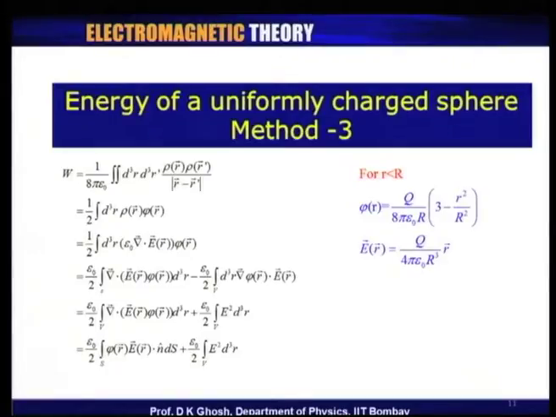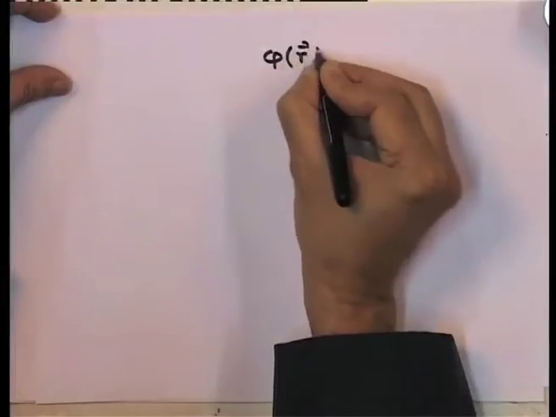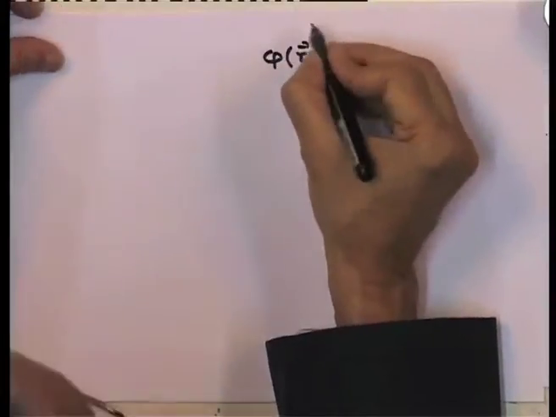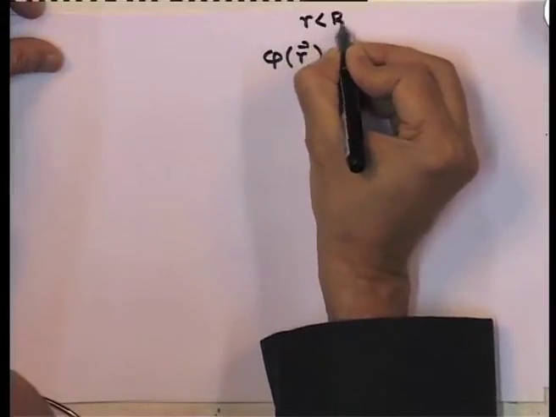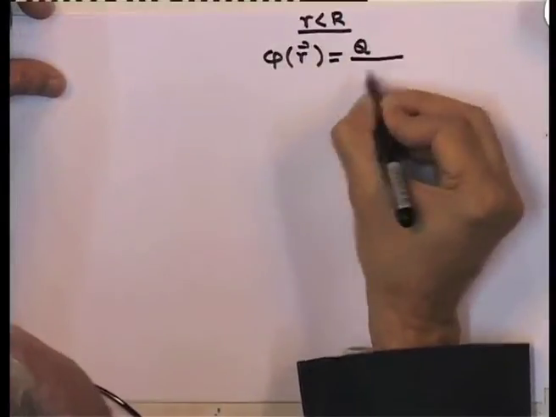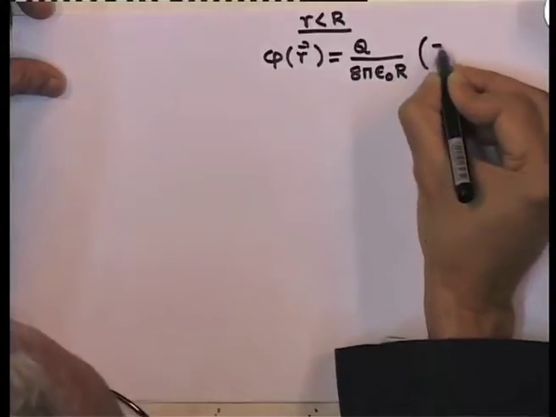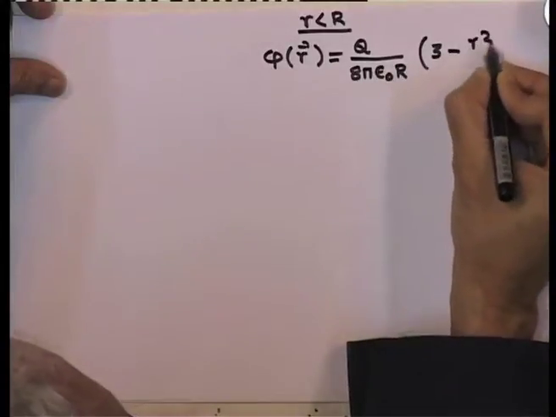So, in this case, I have to take the surface and the volume to be the physical volume, and once again I need both the potential at r, and I only need it for r less than R, and this we had seen is given by q by 8 pi epsilon 0 R times 3 minus r square by R square.